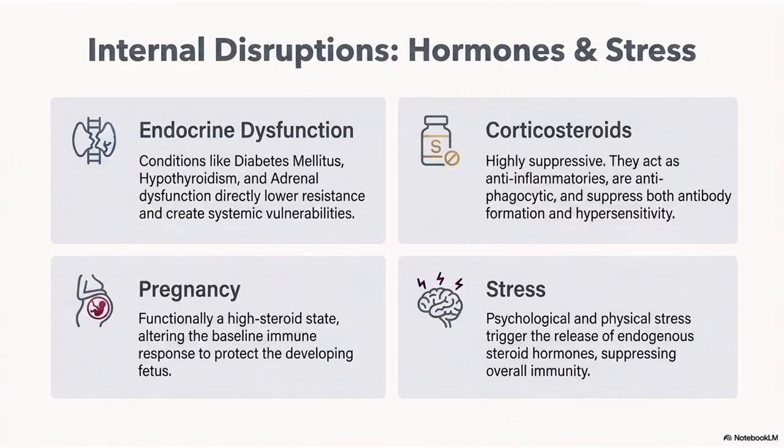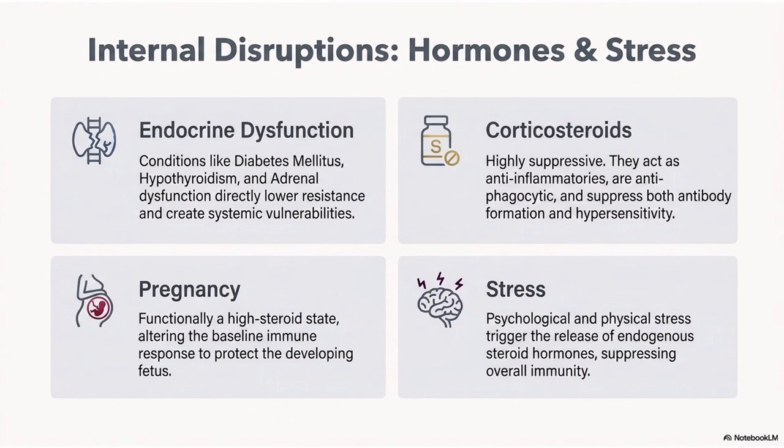So what factors can prevent this immunity being very active? One is conditions like diabetes, hypothyroidism, or adrenal dysfunction. What they do is basically bring down the possibility of our immune system reacting normally. Pregnancy is a high steroid state where the patient is considered to be physiologically immunocompromised.